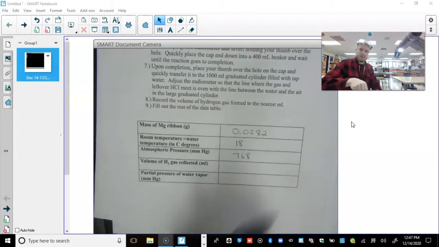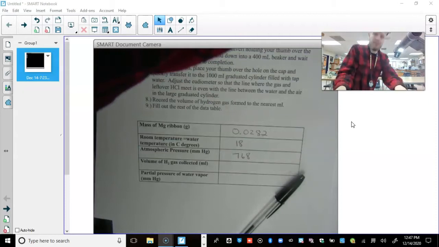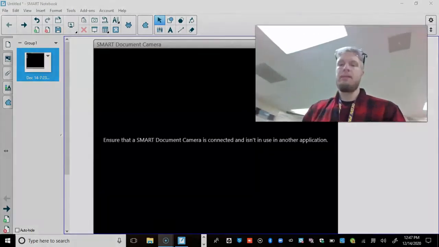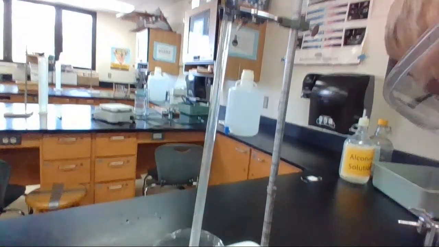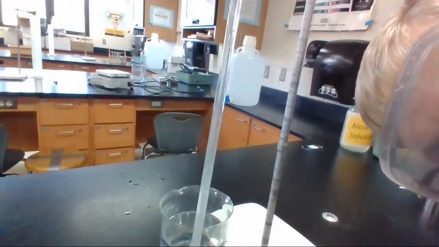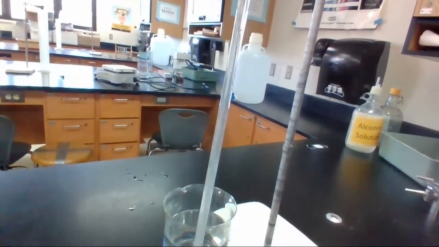Speaking of reaction kind of completing, why don't we take a look at it real quick. You can't really see it on video as well, but it looks all cloudy. That cloudiness is just a ton of H2 bubbles that are all rising up to the top.